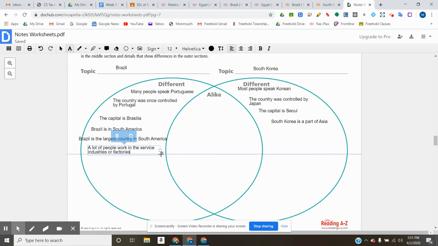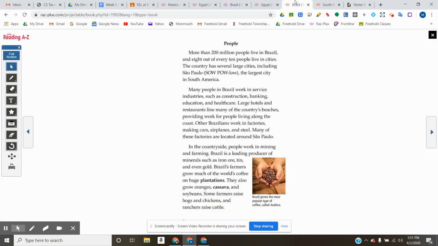So, tourism, restaurants, hotels, things like that. People are mining in the countryside. They have huge plantations where they grow lots of food.